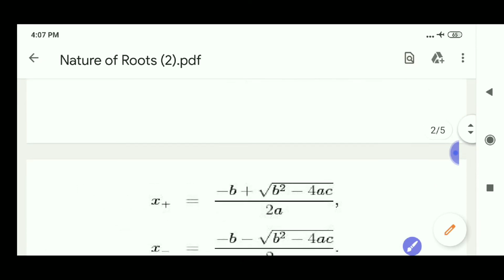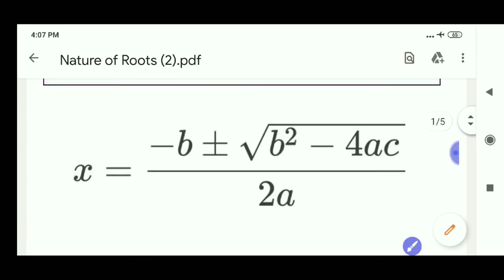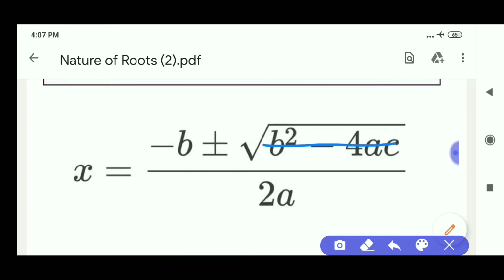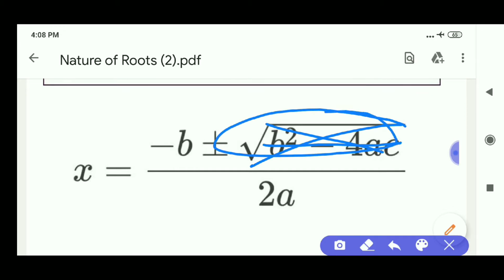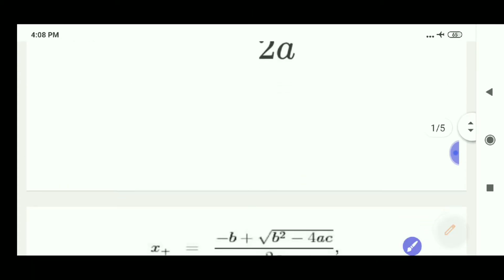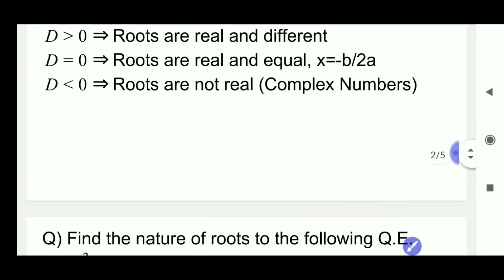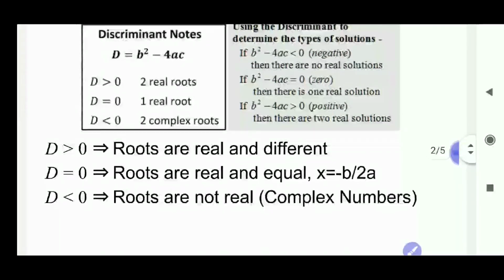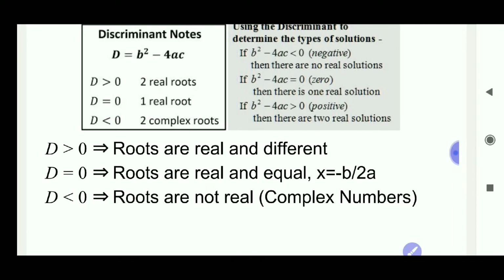Look here, the discriminant is 0. That means b square minus 4ac is 0. That means this total term is 0. So the value of x is minus b by 2a. When the discriminant is 0, the root is minus b by 2a.